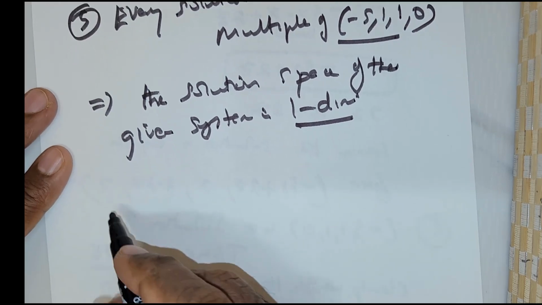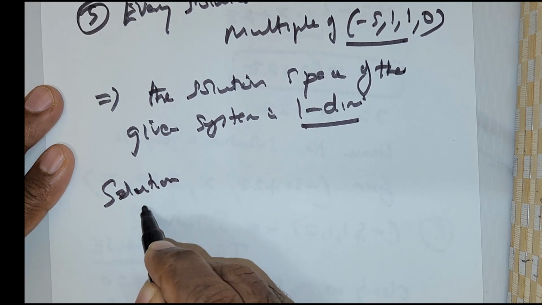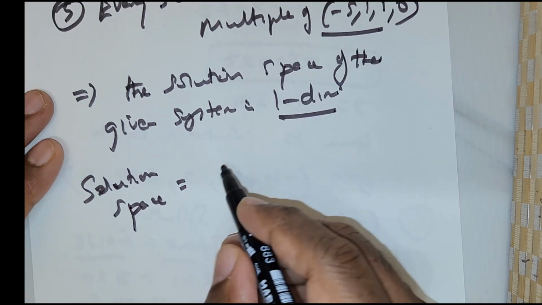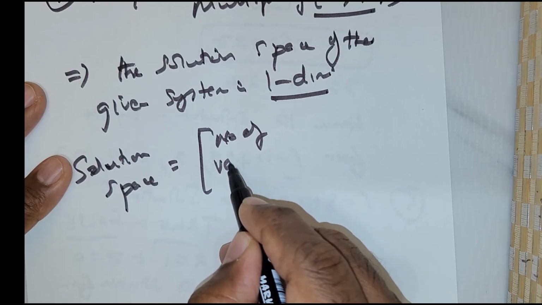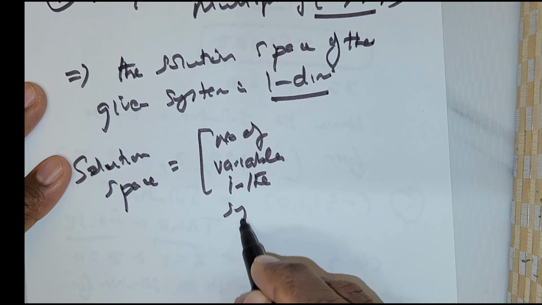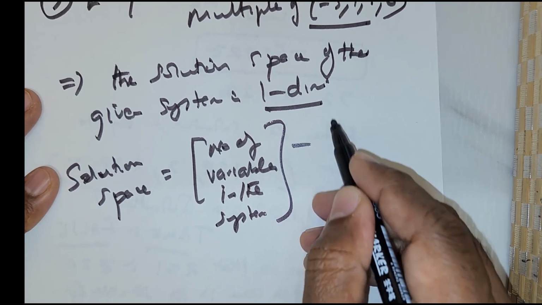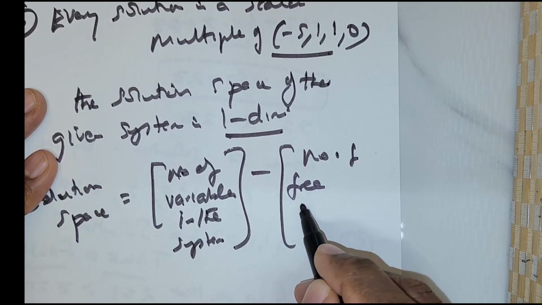Now we need to check the solution space. How do we find the solution space? The solution space dimension is equal to the number of variables in the system minus the number of free variables.